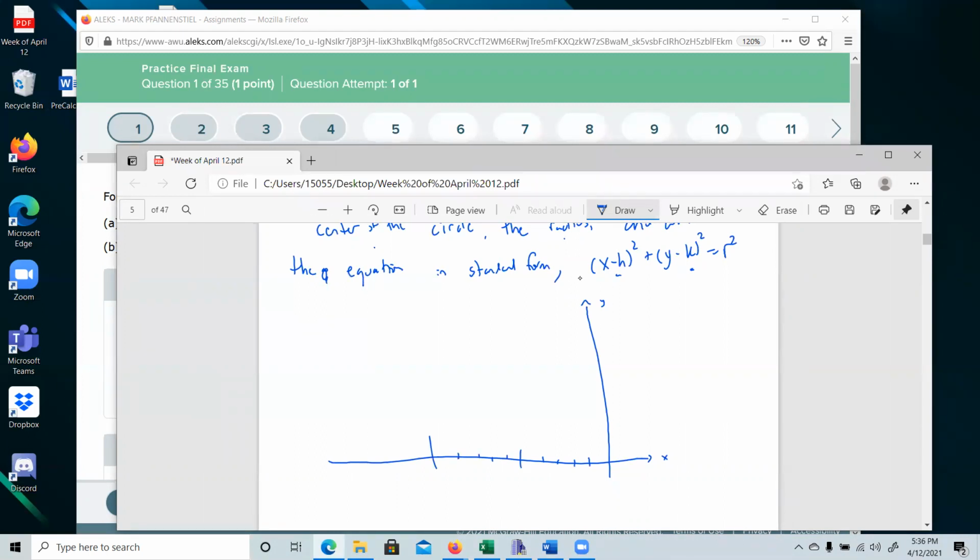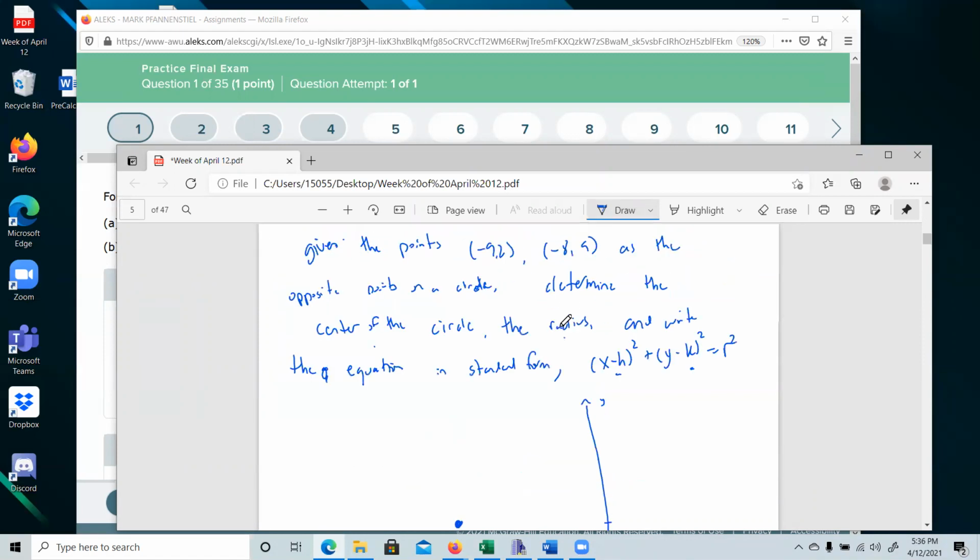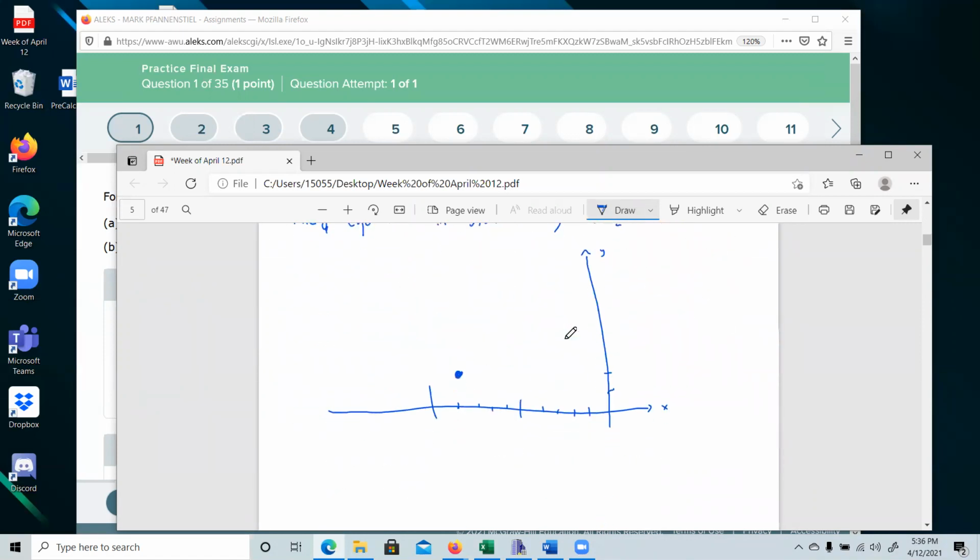So there's 9 and 1, 2. So there's one point. Then they have -8, and then 1, 2, 3, 4, 5. 1, 2, 3, 4, 5. And we're going to go -8 and then 9. Okay, so there's my circle.